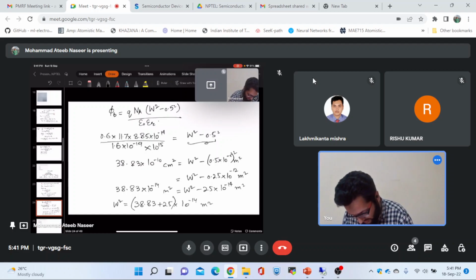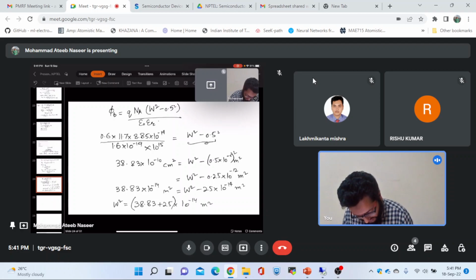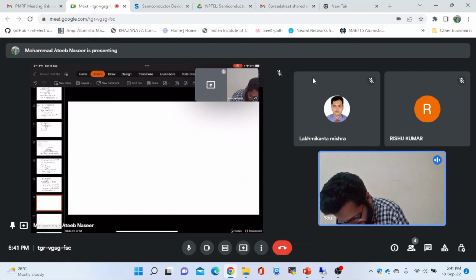So it would simply be the square root of these two quantities. 25 plus 38.83 is simply equal to 63.83. It is the square root of 63.83 into 10 raised to the power minus 7, under the square root.